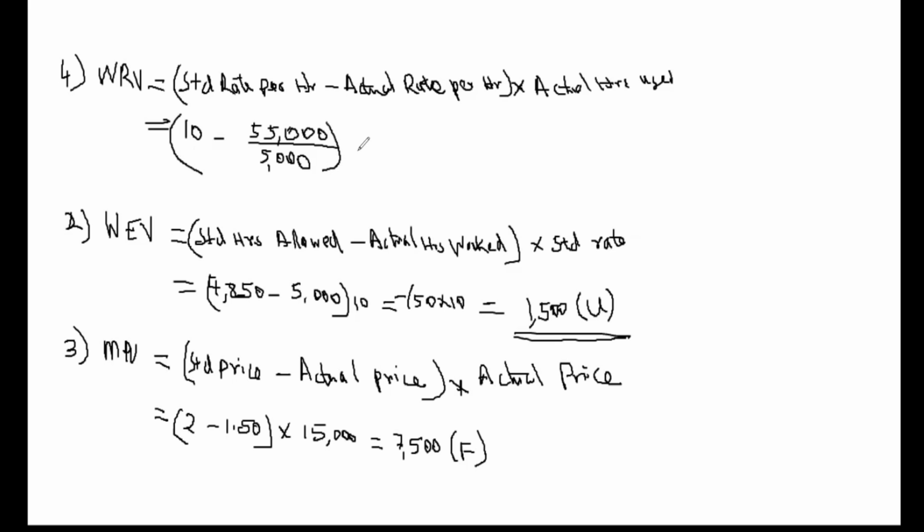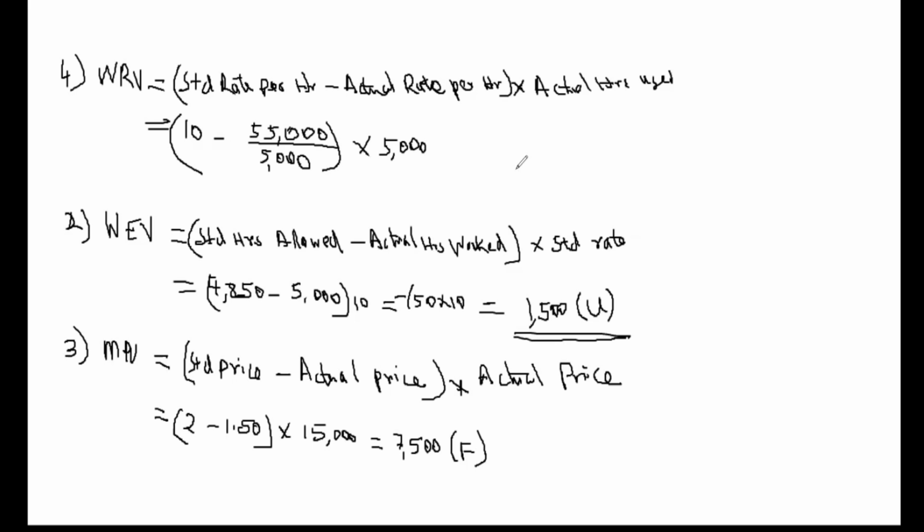Then times the actual hours worked, 5,000. If you have to work out the bracket first, you start with the division.